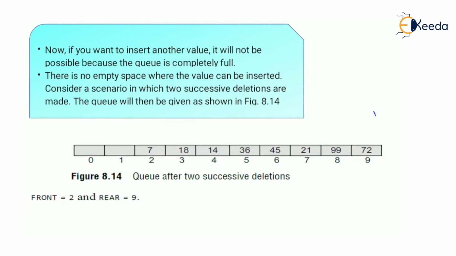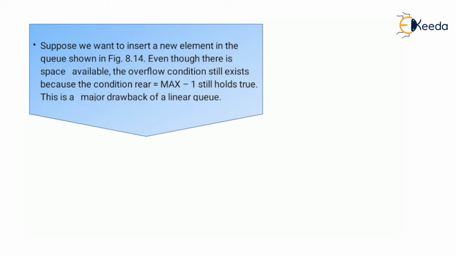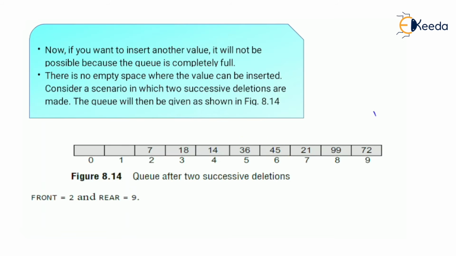To use this space available at the 0th location and 1st location, we use the concept of circular queue. Here we have to understand in what manner we use that vacant space. In the figure, rear is equal to max minus 1, which means the queue is full as all the positions at the end are filled.